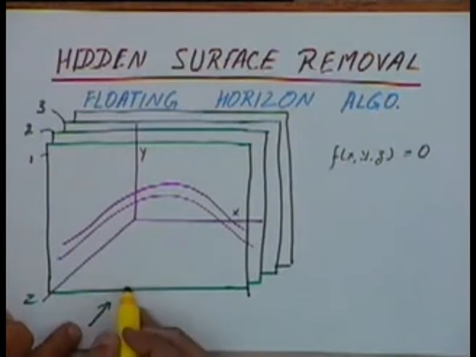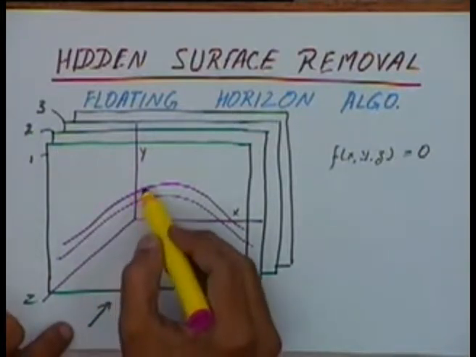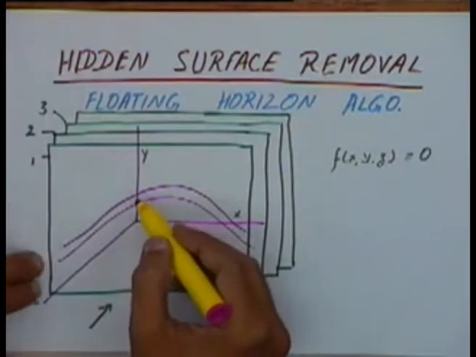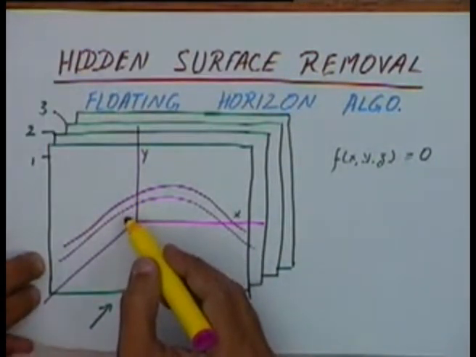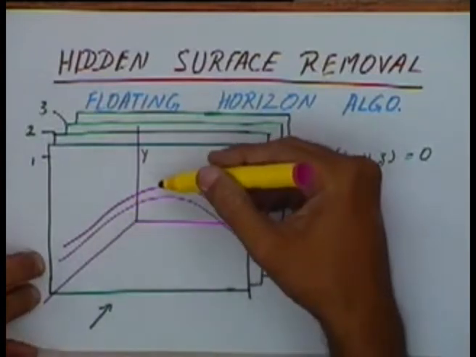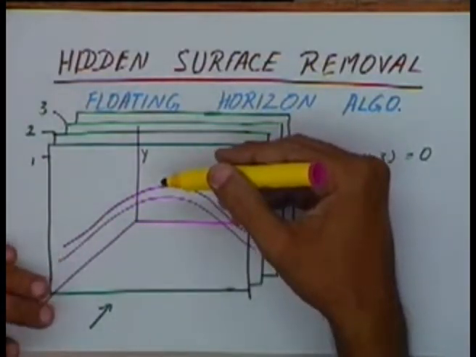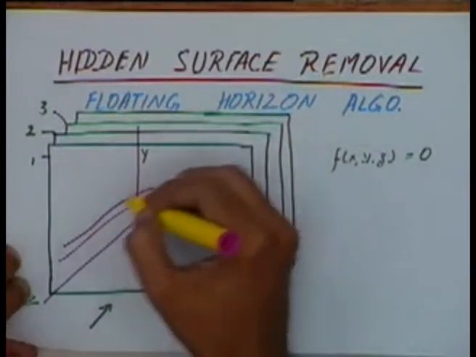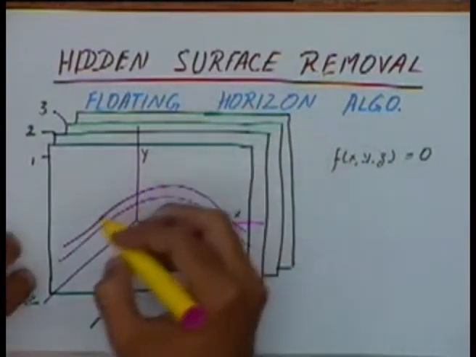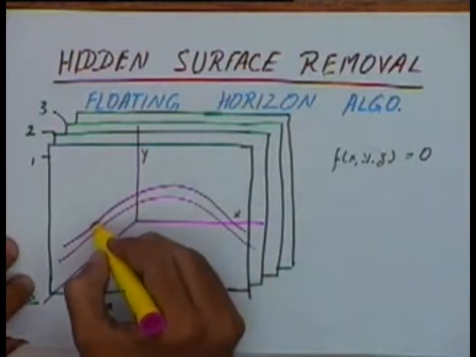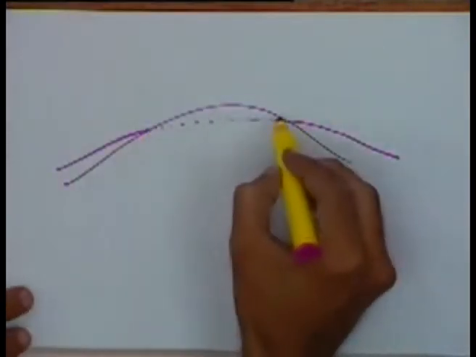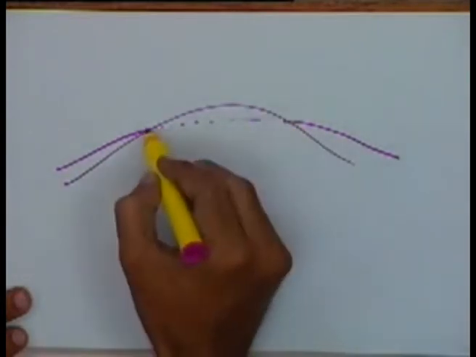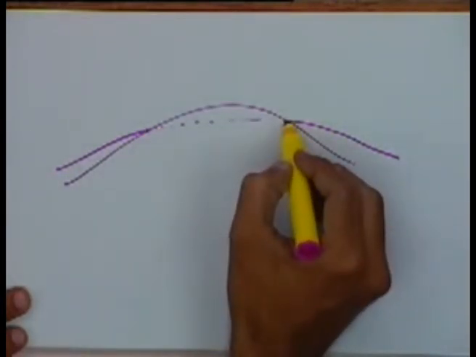Since we are looking from the front, if the curve for the second plane is cutting the curve for the first plane, that means the curve for the second plane is at a lower height. If this curve is at a lower height, we will get the curve intersecting as we are getting here, and since it is at a lower height, this portion of the curve is going to be hidden.